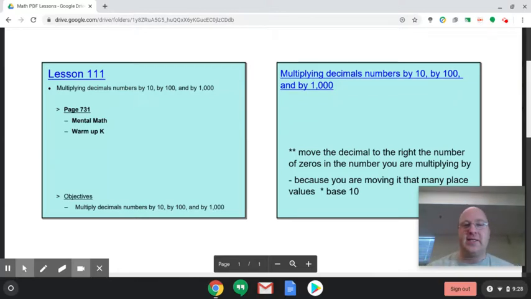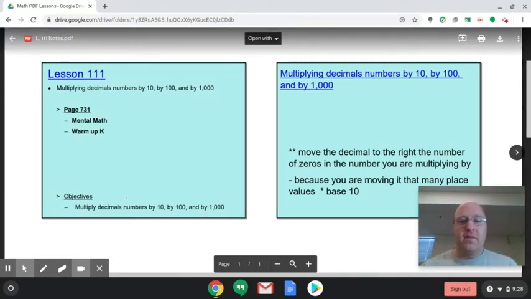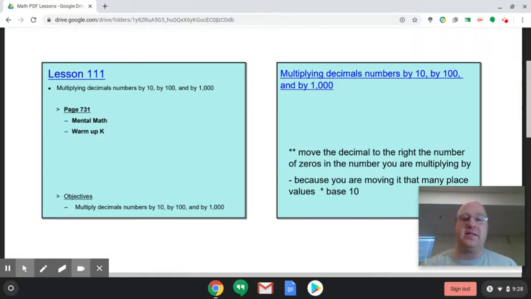So today's lesson 111 is a review of something we did talk about in class before you left. It's just multiplying a decimal number times 10, 100, 1,000, or so on. Anything that has a 1 followed by a bunch of zeros. So the first thing we're going to talk about is just knowing where that decimal place is.